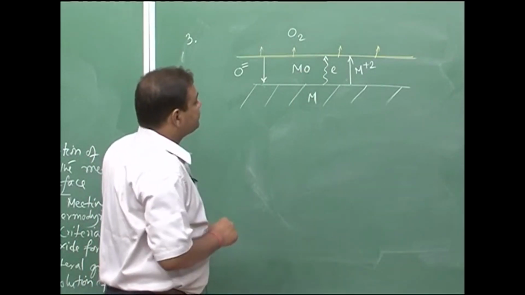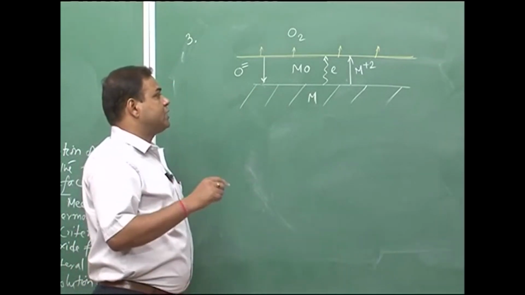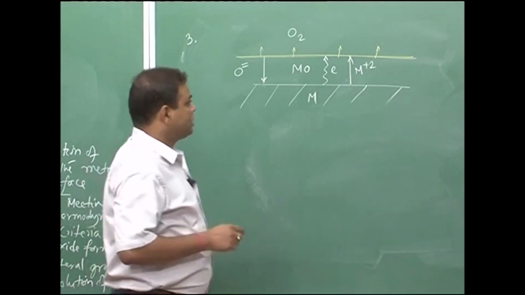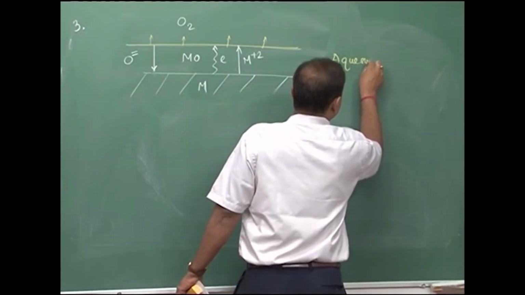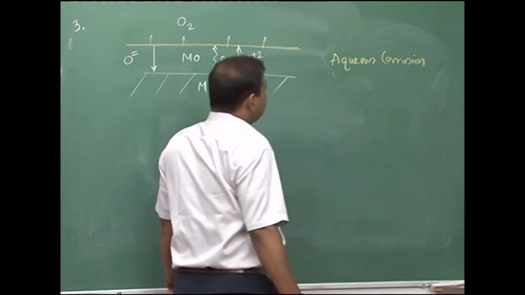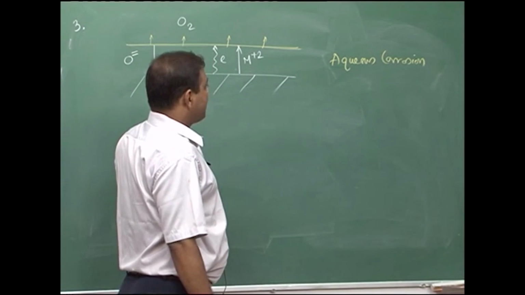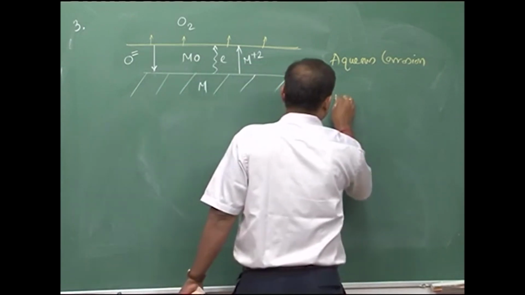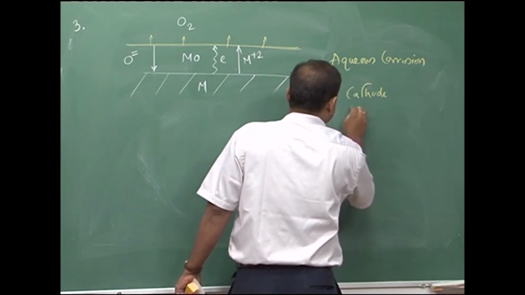This can be correlated with aqueous corrosion also. Now, if you see aqueous corrosion, we need 4 things for aqueous corrosion to happen. One is cathode, second is anode.